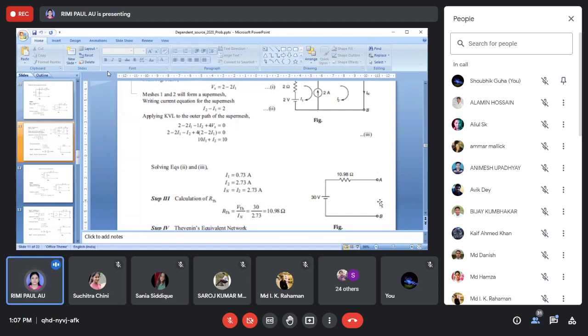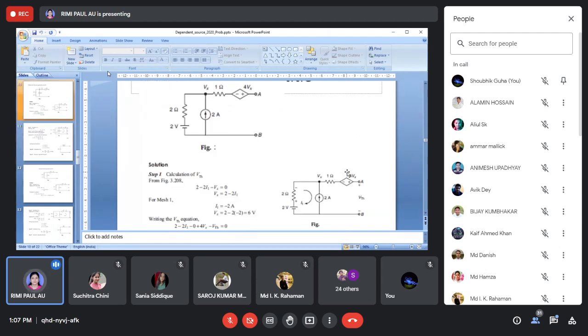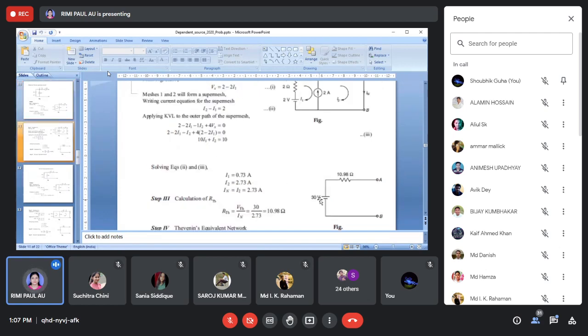So if you want to make this connection in a breadboard, what is the supply? 2 volt is the supply, 2 ampere is the current source, and another dependent source is 4 Vx. But now we only have to supply 30 volt, and this is a DC, so you can easily get it from your lab.